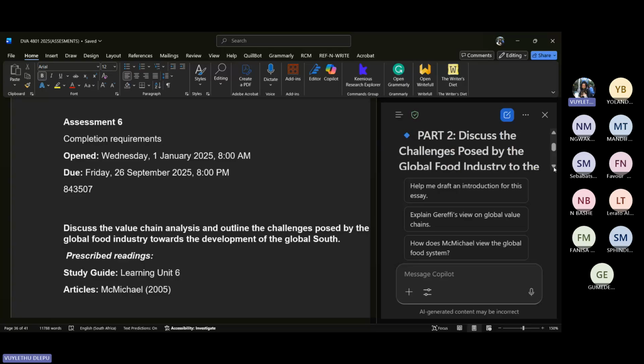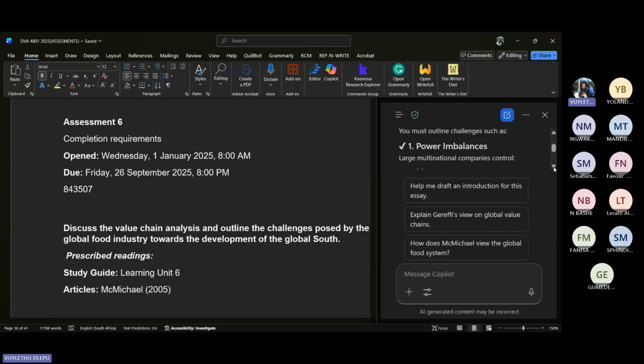Now, the second part of the assignment is discussing the challenges posed by the global food industry to the global south. This question asks you to explain how the modern global food system creates problems for developing countries.